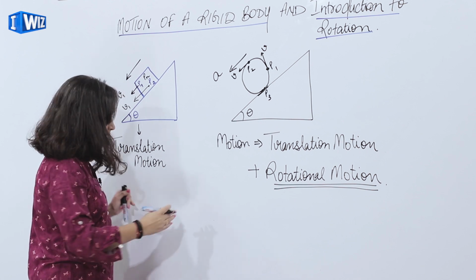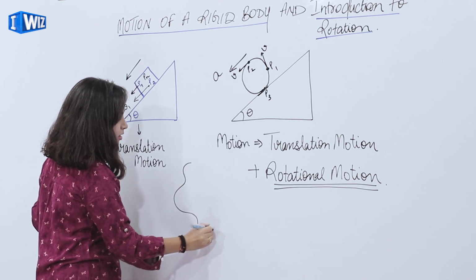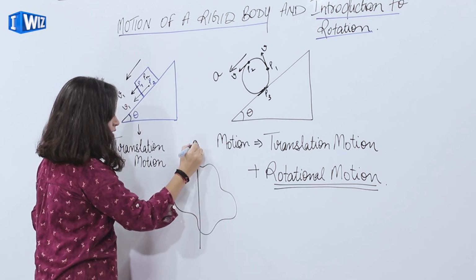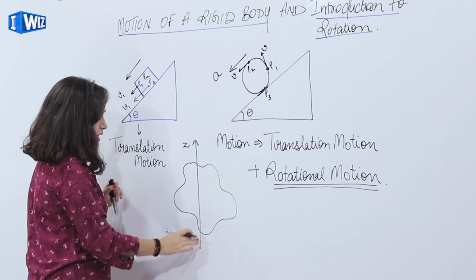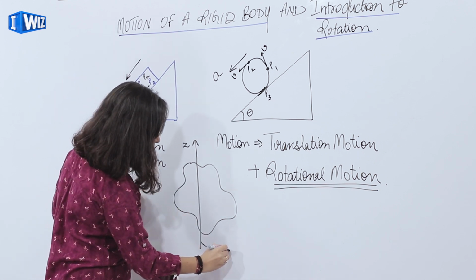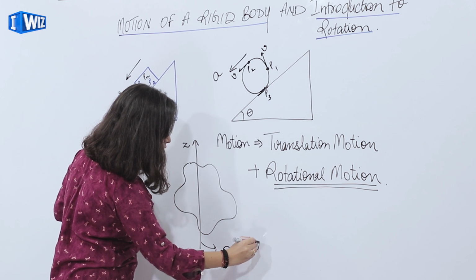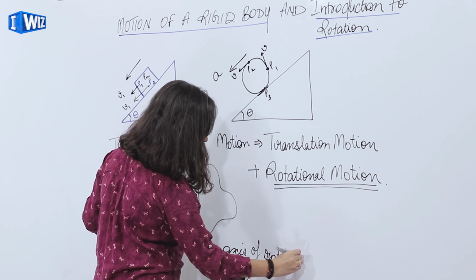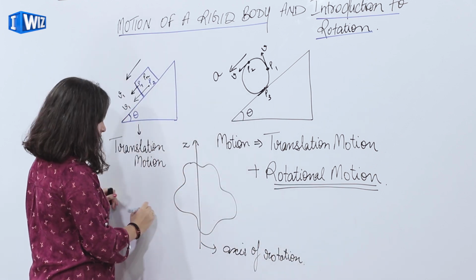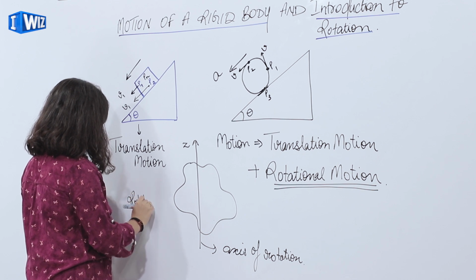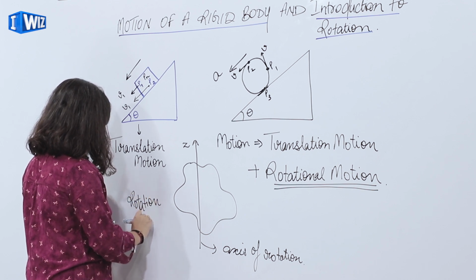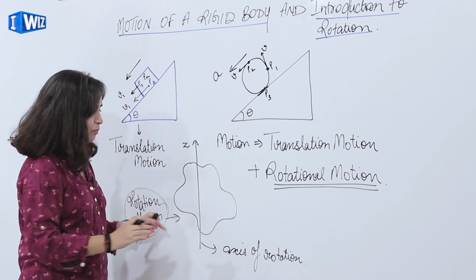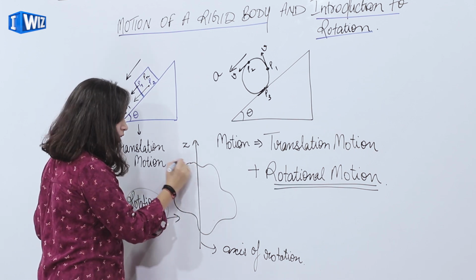Say we have this rigid body and we fix the axis, say the z axis, and this axis is called the axis of rotation. This is for rotation motion. To study rotation motion we fixed the axis. This is a rigid body of irregular shape.